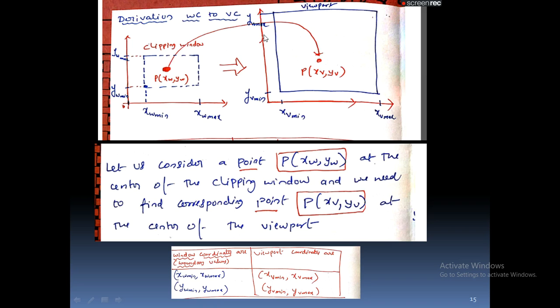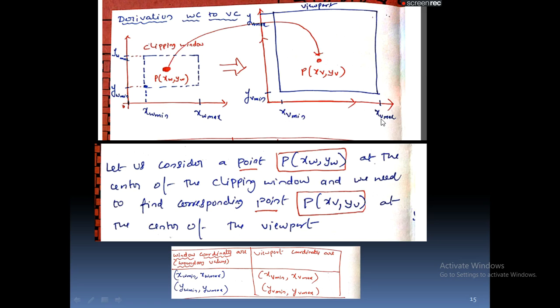So how do we specify the viewport coordinates? Please see that I have one Cartesian reference frame, the second diagram, the second graph. I defined the standard size of the viewport. What does standard size mean? XV min is the viewport x-axis minimum value.